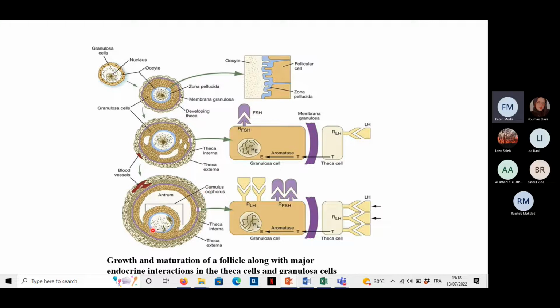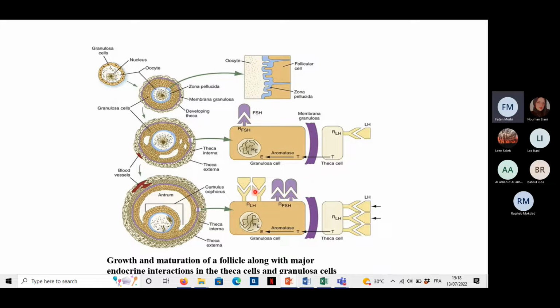Now in the late antral follicle, we can see that in the dominant follicle, we have more LH receptors on the theca cells. We still have LH receptors on the theca cells. The granulosa cells have FSH receptors, but they also acquired LH receptors, okay?